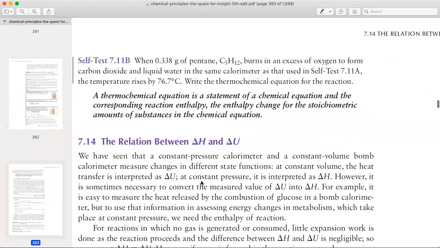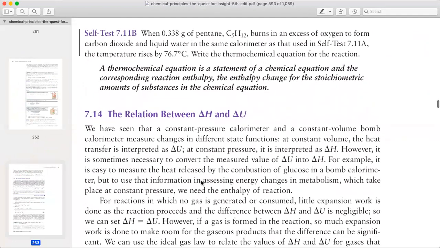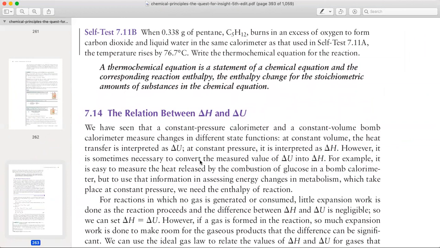Okay, so let's try 7.11b. I'm going to break us out into rooms. We've got 14 people, so let's go into 2 breakout rooms. Sorry for the inconsistency.